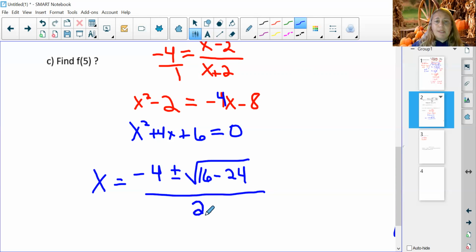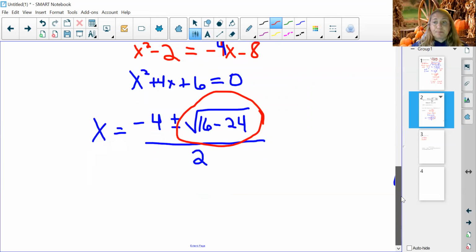There was never a place where that rational function crossed the horizontal line at y equals -4. And I can see the problem algebraically, right? That would give me a -8 under the radical, which would not be a real number. Therefore, I know that there is no real value for x that would give me an output of -4. So that's how I could have determined that algebraically.